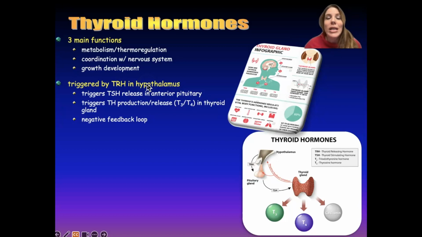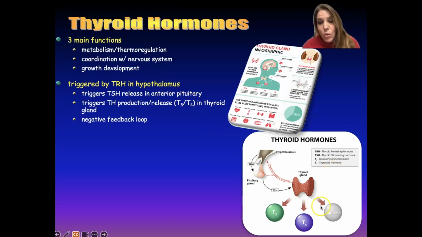We said TRH is going to ultimately communicate with the anterior pituitary gland and tell the anterior pituitary to release TSH, which is thyroid stimulating hormone. And that is going to target the cells of the thyroid to produce thyroid hormones. And there are two types of thyroid hormones, T3 and T4. And we'll talk a little bit more about these in a second.